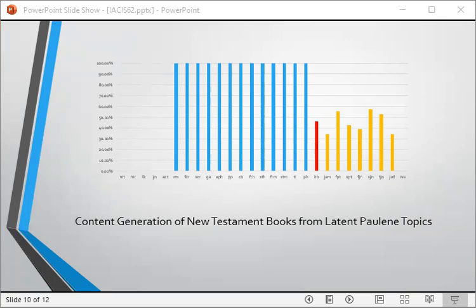The other epistles, starting with Hebrews in red and continuing to the right in gold, show a varying adoption of Pauline topics, but they do not come close to the proportions shown by the works known to be authored by Paul. The range of Pauline topics found in the non-Pauline epistles range from 34 to 57%.